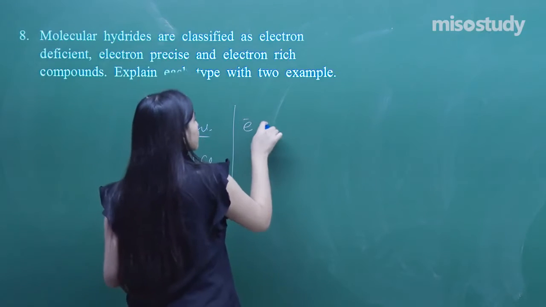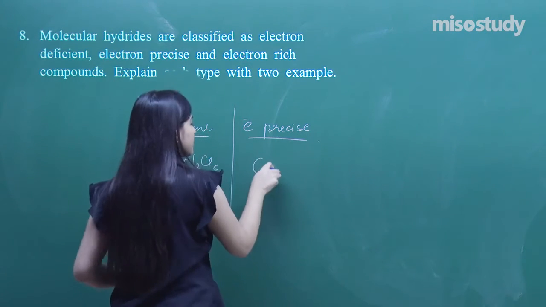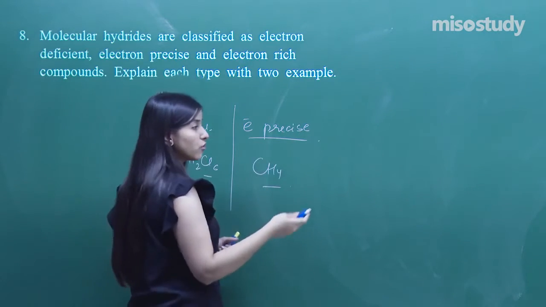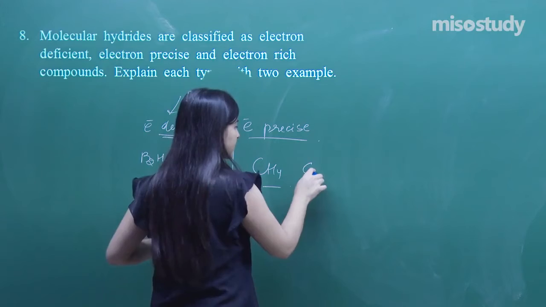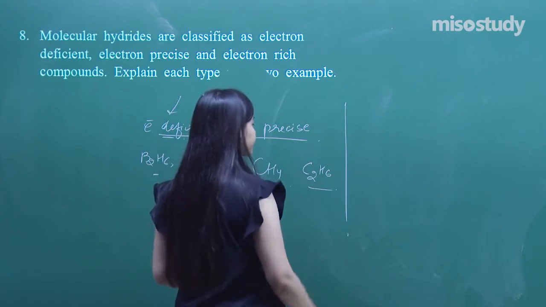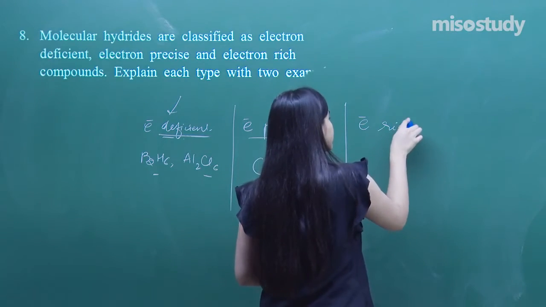Electron precise means exactly complete. And one more, what you can name? C2H6, right? Yes, done. Next one, electron rich.